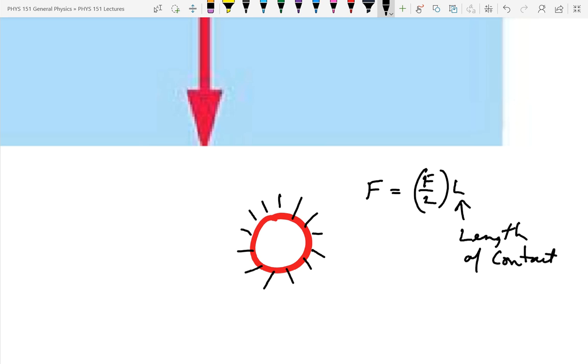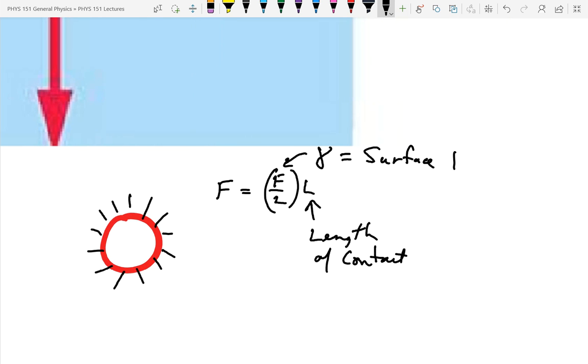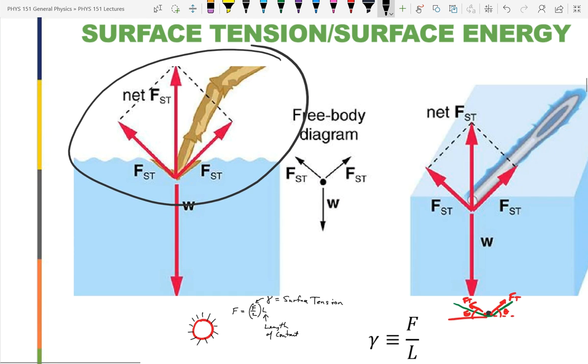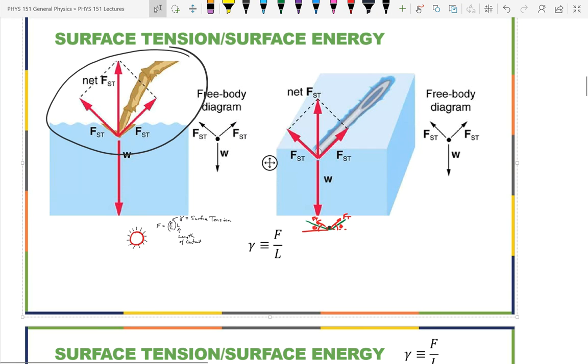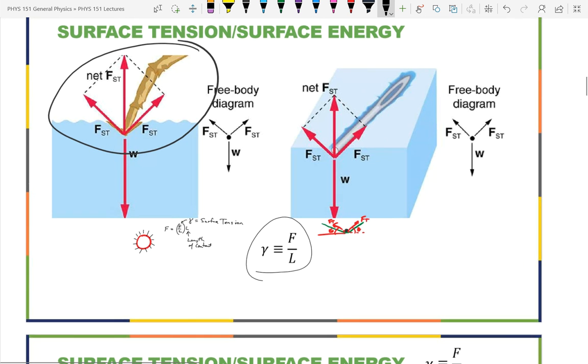And that's what we define as the surface tension. So I have on here gamma is the force over length. That's the surface tension.